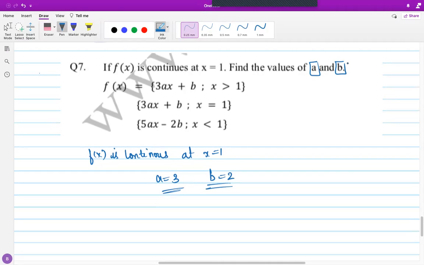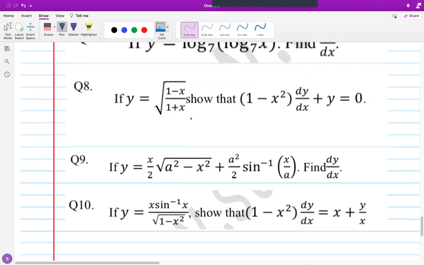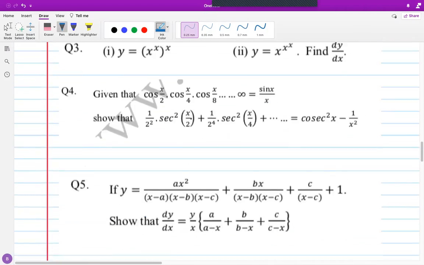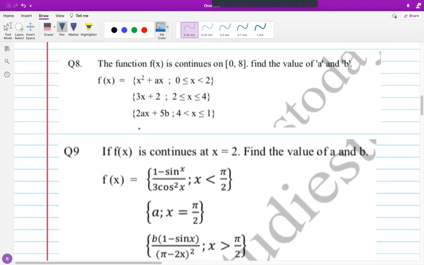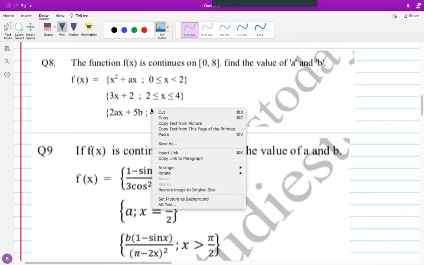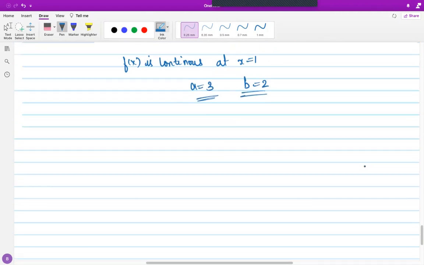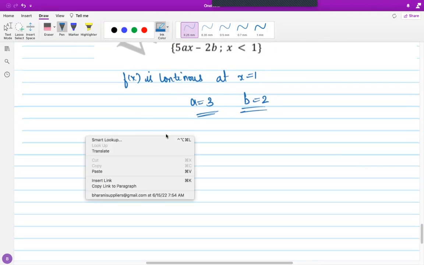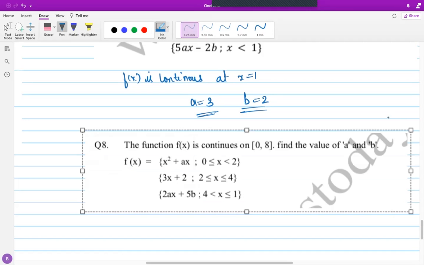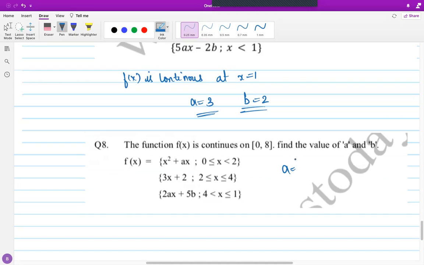Question number 8. That is also a continuity question. I can say that f of x is continuous in the interval, from 0 to 8 they've given it, correct?